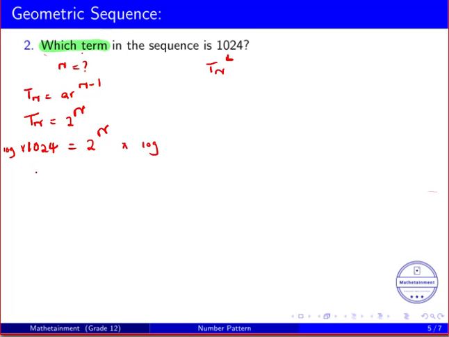So as the result, I have log of 1024 being equal to, when you introduce a log multiplying a power, you end up having an exponent log base. So here I can divide by log 2 because I want to make my n the subject of the formula.